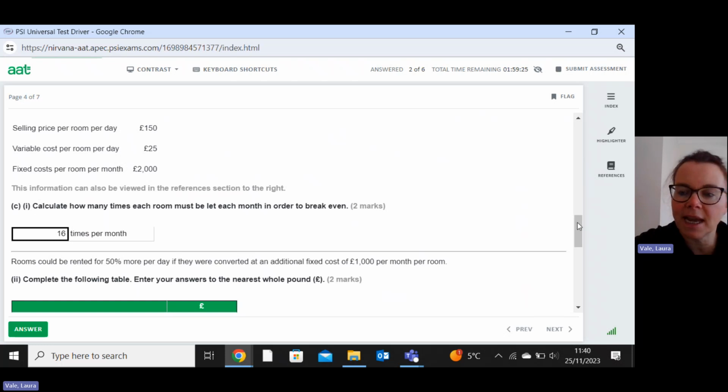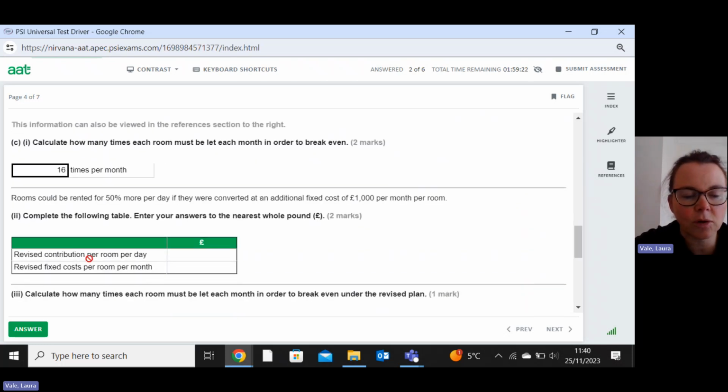So to calculate my revised contribution, oh, I've done that already. So that was 200, wasn't it? 225 take away the 25 variable costs. Oh, look, it's fed me. I was trying to do it all in my head. Revised fixed cost per room, we said was 3,000.